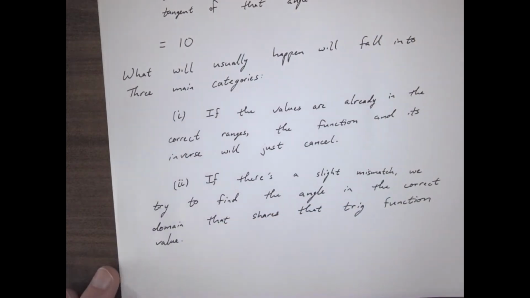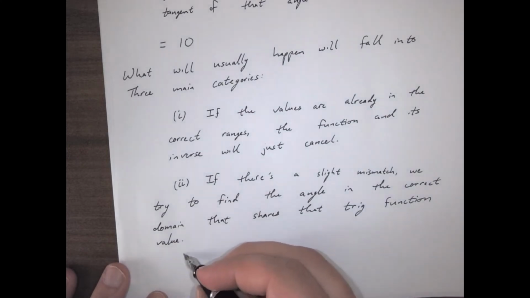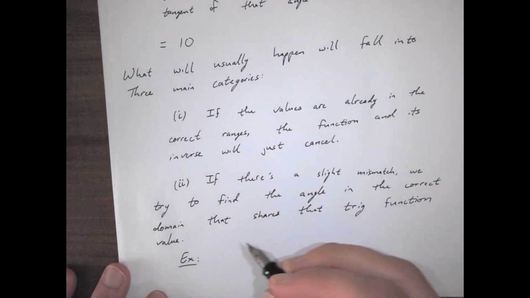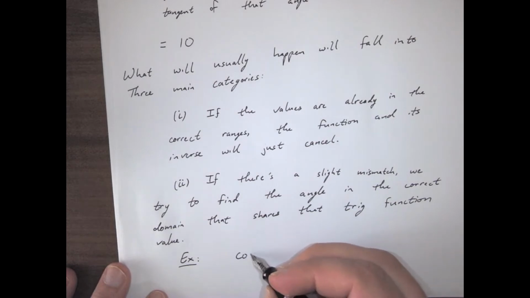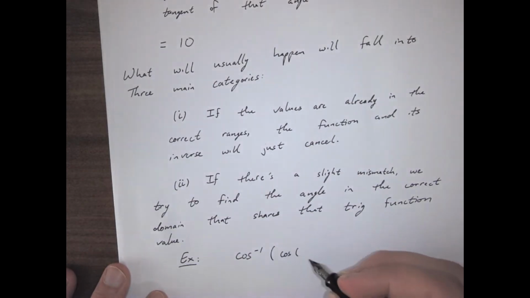And an example of something like this might be, maybe we have cosine inverse of the cosine of negative pi over 4.